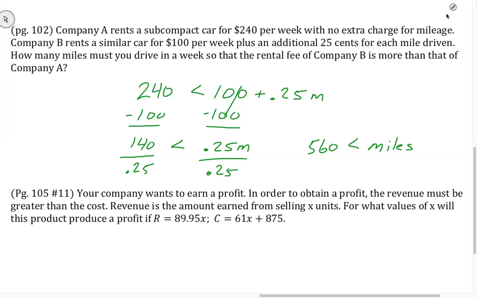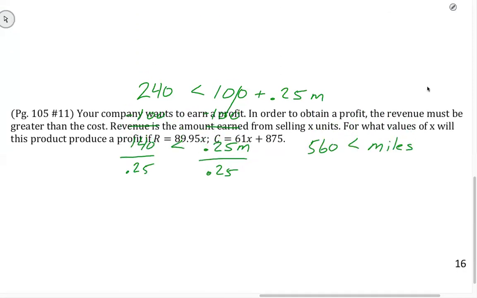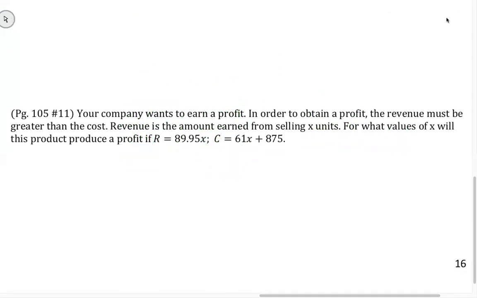Last one of the day, okay? It says your company wants to earn a profit. In order to obtain a profit, the revenue must be greater than the cost. Revenue is the amount earned from selling X units. For what values of X will this product produce a profit if R is 89.95X and C is 61X plus 875?